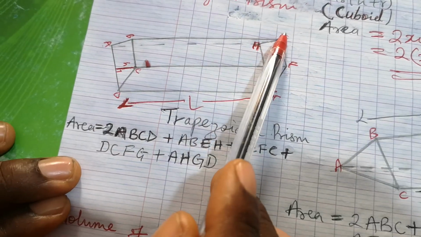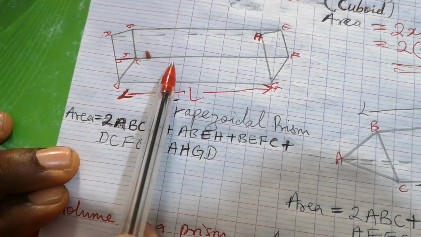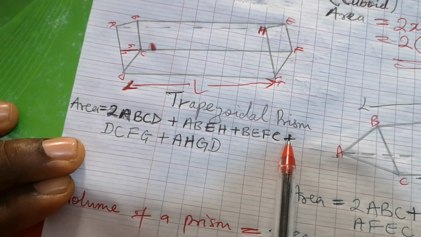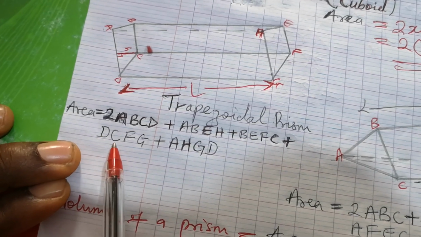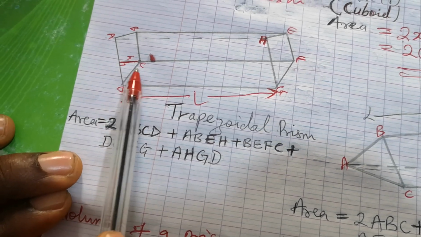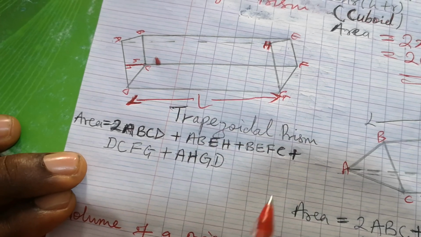BEFC is the top of this solid. And then plus the area of rectangle DCFG, the one facing like this.